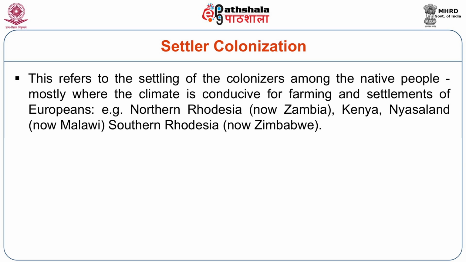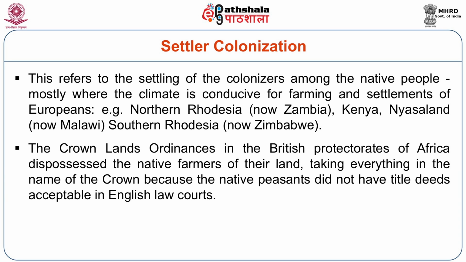These areas covered northern Rhodesia, which is now known as Zambia, Kenya, Nyasaland, now known as Malawi, southern Rhodesia, now known as Zimbabwe. The Crown Lands Ordinances in the British protectorates of Africa dispossessed the native farmers of their land, taking everything in the name of the Crown, because the natives did not have any title deeds to their land.